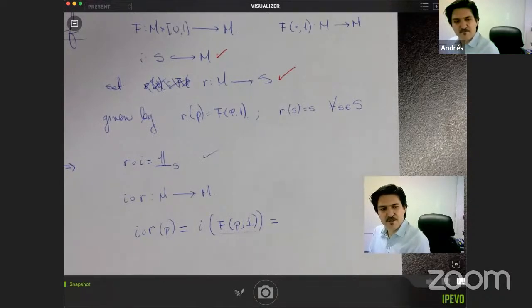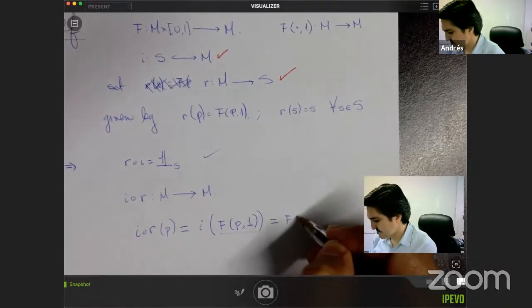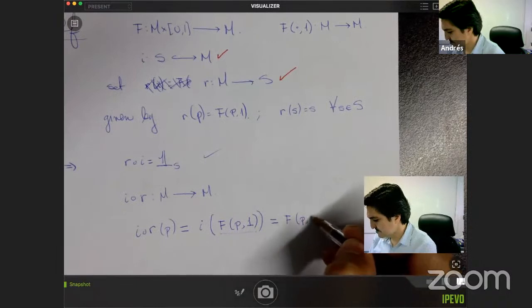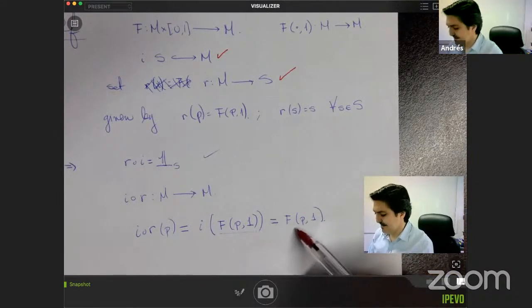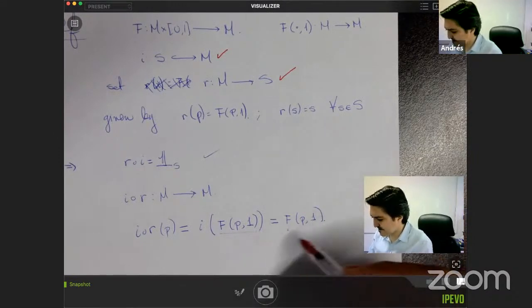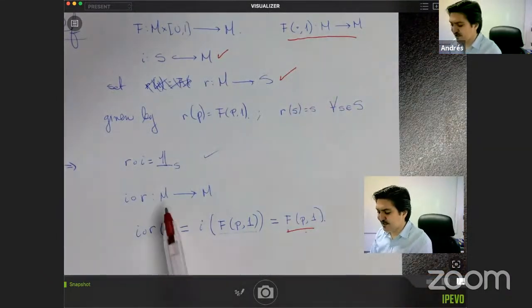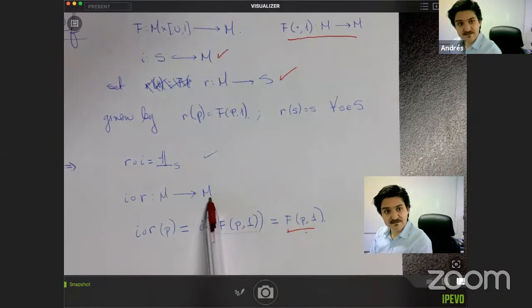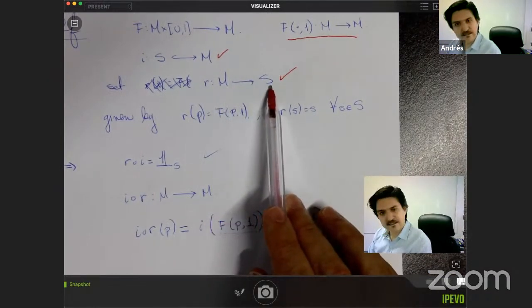The inclusion is the point itself, right? Okay? Notice that here is exactly this one, right? Because this map indeed goes from M to N. It's not R, R goes from M to S.